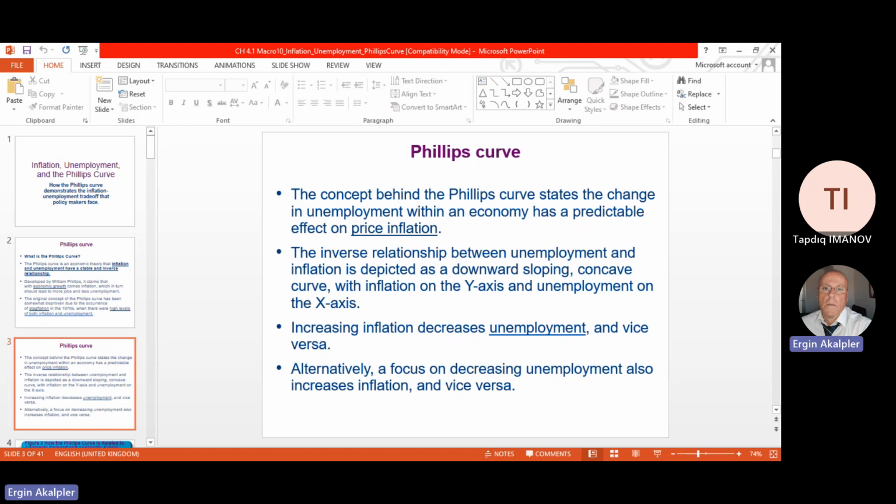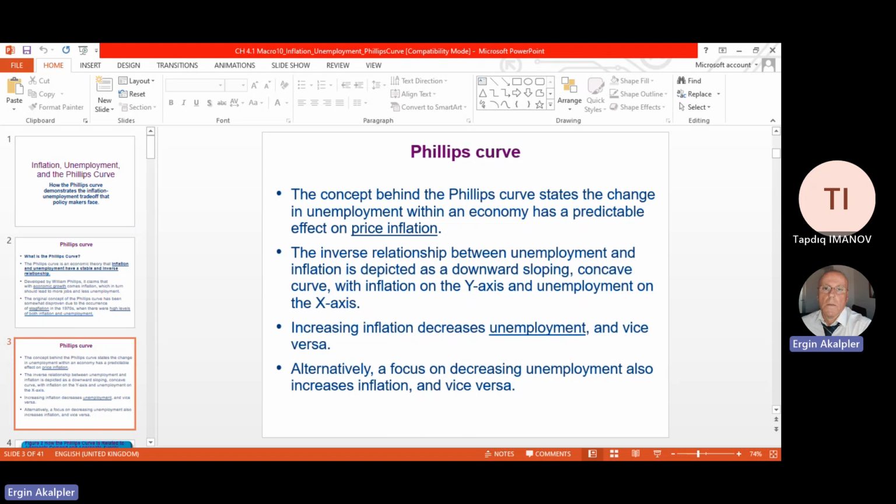When you are increasing, let's say, unemployment, this means there is more and more downward movement in inflation. Alternatively, a focus on decreasing unemployment also increases inflation, and vice versa, which means that if you increase unemployment, you decrease inflation.